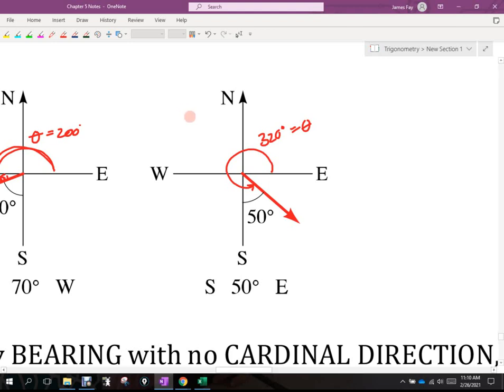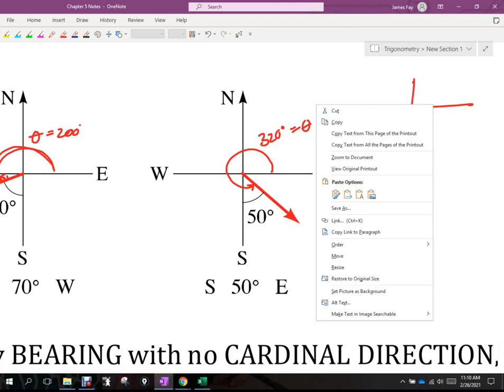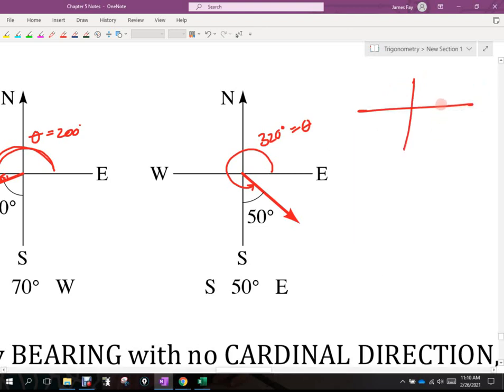So I'm not going to try to make a distinction between the two. I had to look it up myself which one it is, but we are used to standard position being from the positive x-axis, right? If I say 60 degrees, that would be 60 degrees from the positive x-axis.